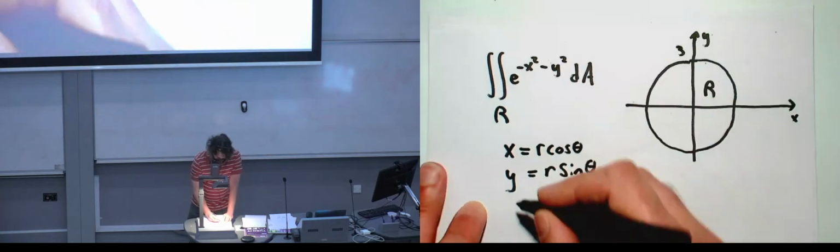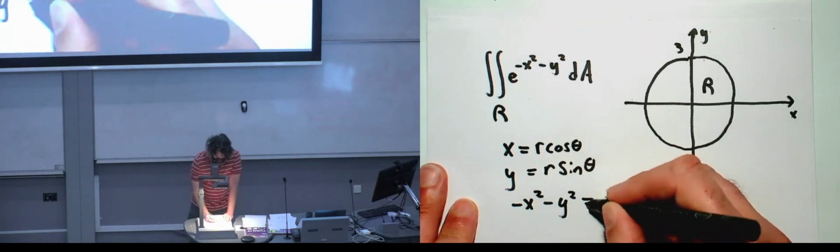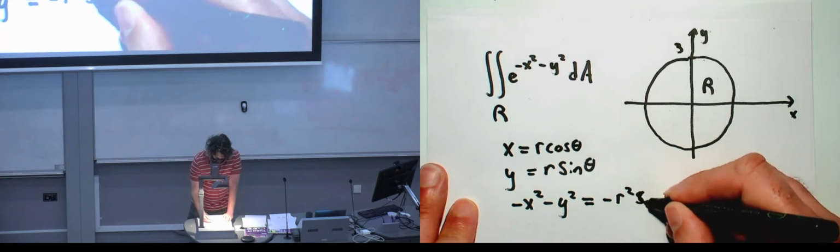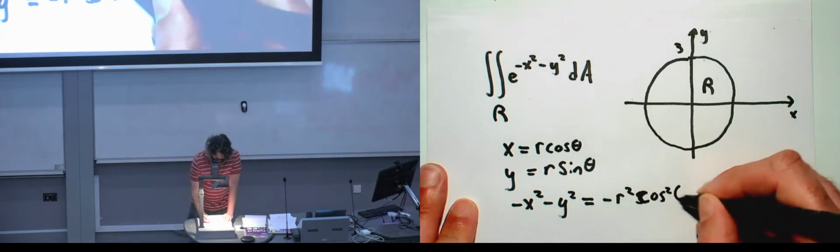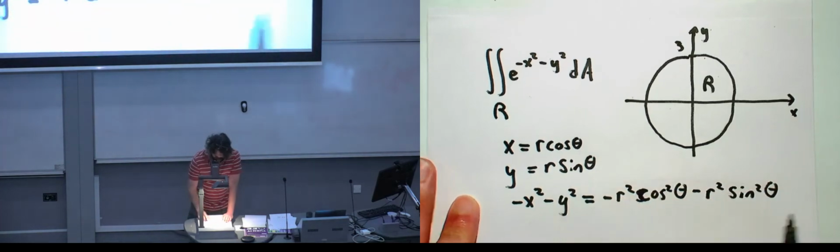If we plug that into negative x squared minus y squared, you get negative r squared cosine squared theta, that's x squared, minus r squared sine squared theta, that's y squared.